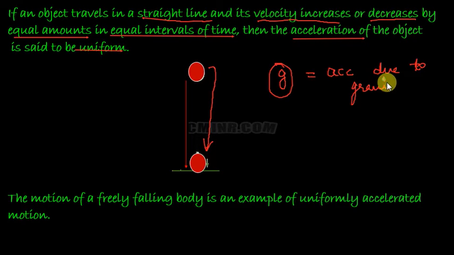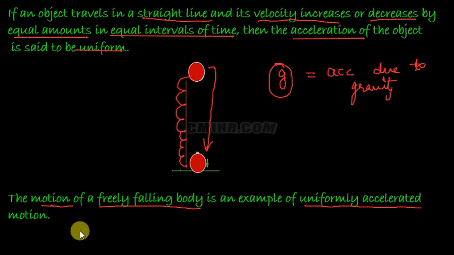When this ball falls down, it gains velocity, and in every interval it is increasing by equal amounts. So this acceleration, the one due to gravity, is uniform acceleration, and the motion of a freely falling body is therefore an example of uniformly accelerated motion.